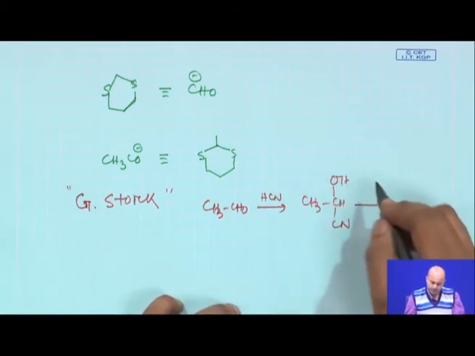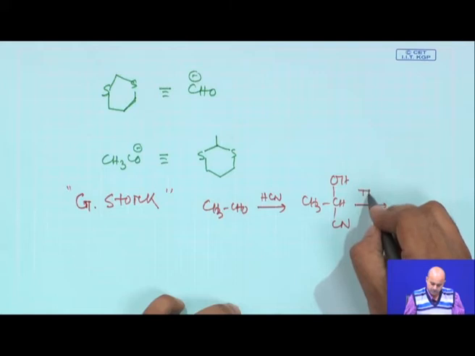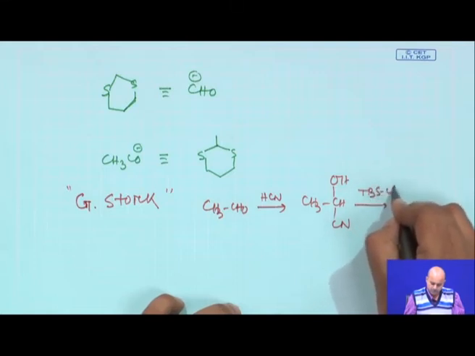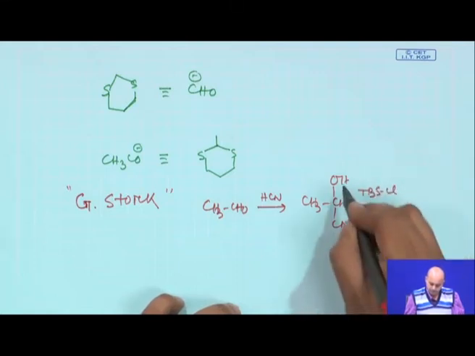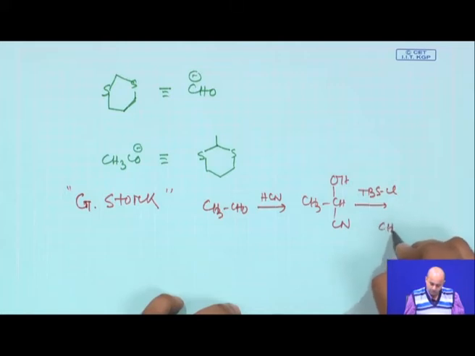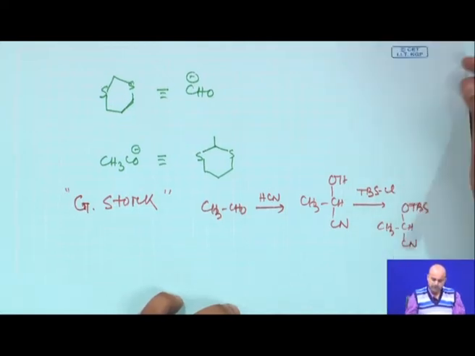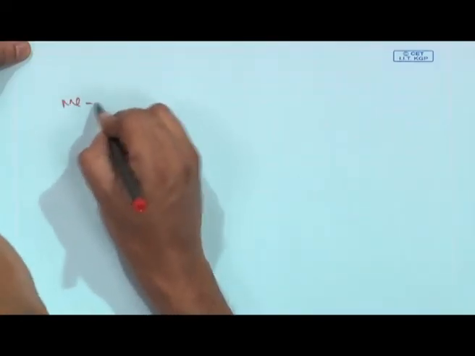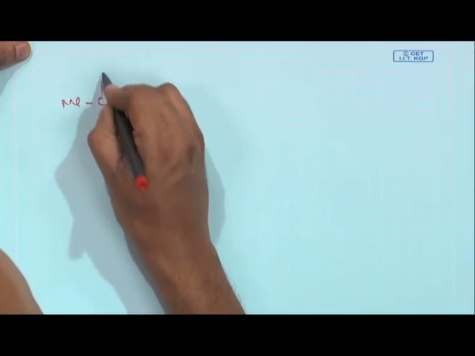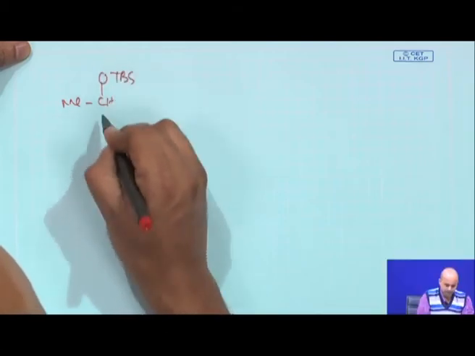You protect this cyanohydrin with a selective protecting group, TBS chloride, on this free alcohol. So, this alcohol is now protected as an OTBS, CN. Now, this compound is named methyl OTBS CN.